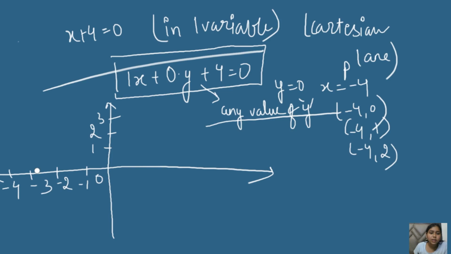So the points will be minus 4 and 0, then minus 4 and 1, so minus 4 from x and 1 from y. This will be the particular intersecting point, minus 4 from x and 2 from y. Similarly, this is the particular point, right?